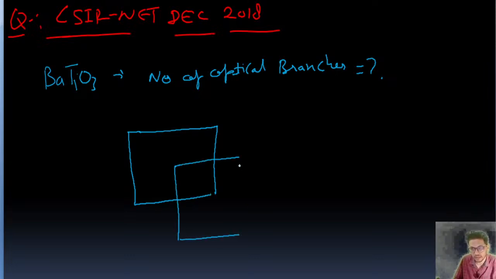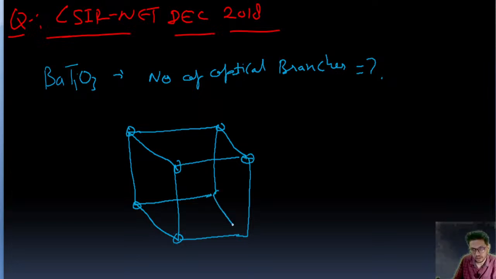It's a 3D structure, right? A 3D crystal. These are the corner atoms, 8 corner atoms, and one atom is here, one atom is here, one is here.